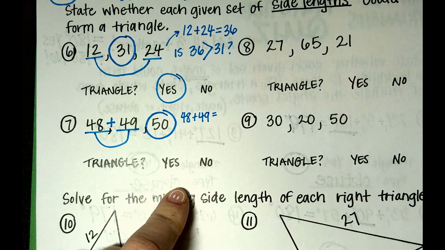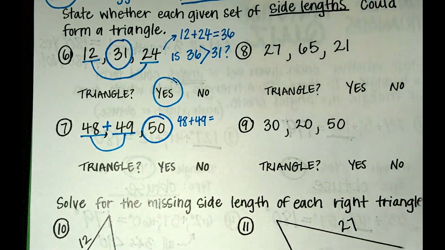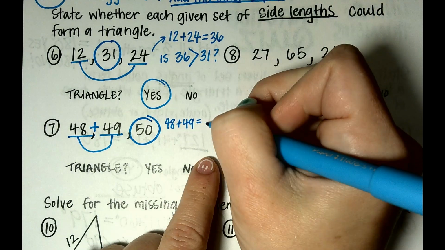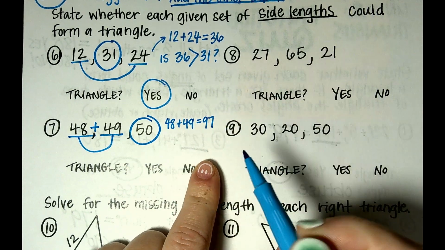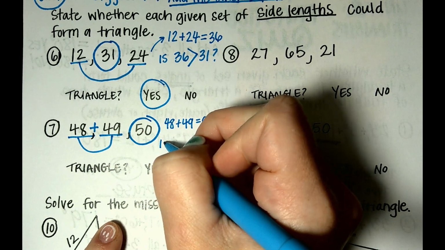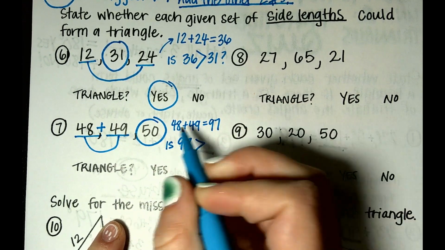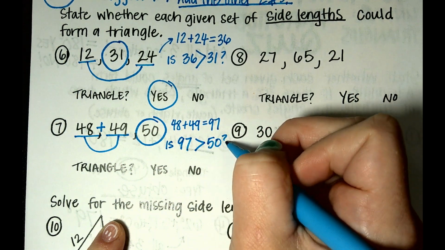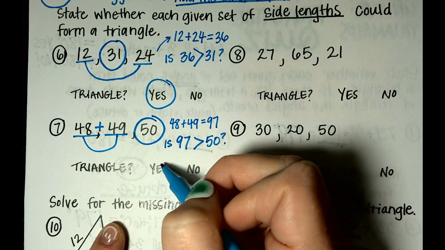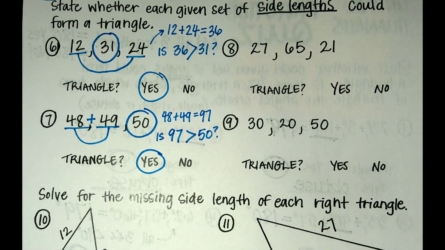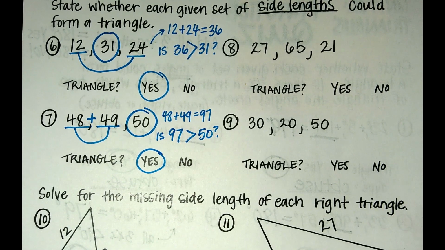Yep. Okay, and then we're asking ourselves, is 97 greater than 50? Yes, it is. So this is a triangle.